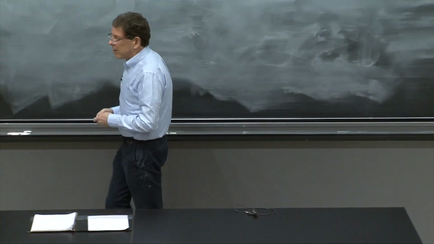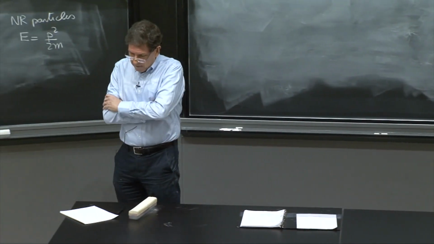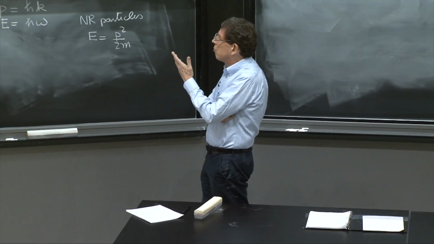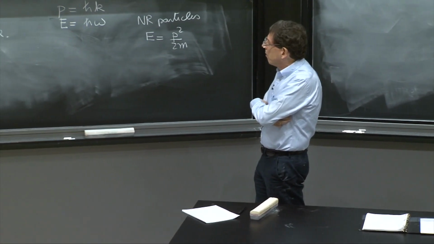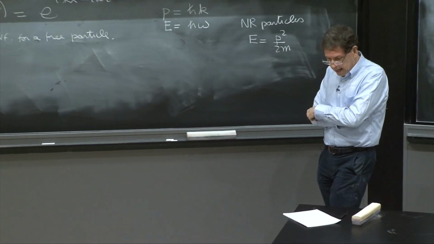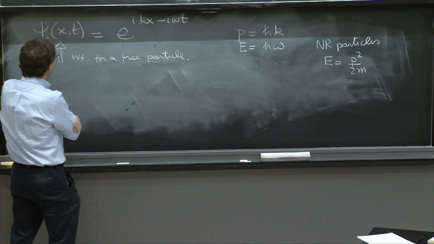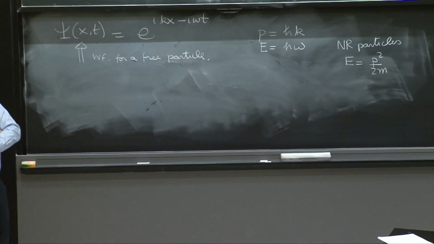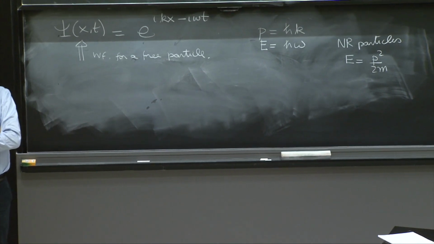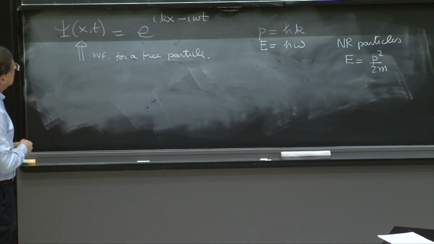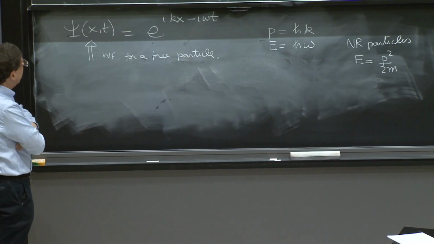So that's what we're going to try to do. And the first thing is to try to understand what kind of equation this wave function satisfies. So you want to think of differential equations, like wave equations. Maybe it's some kind of wave equation. We'll see it's kind of a variant of that.